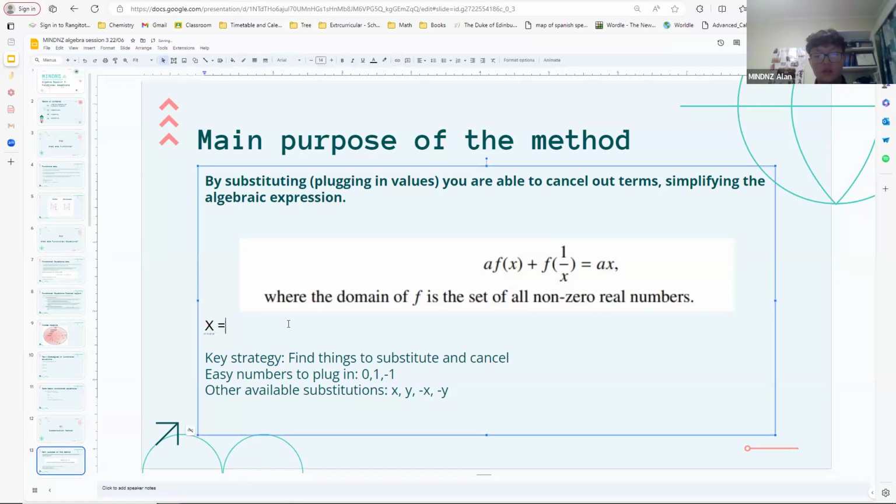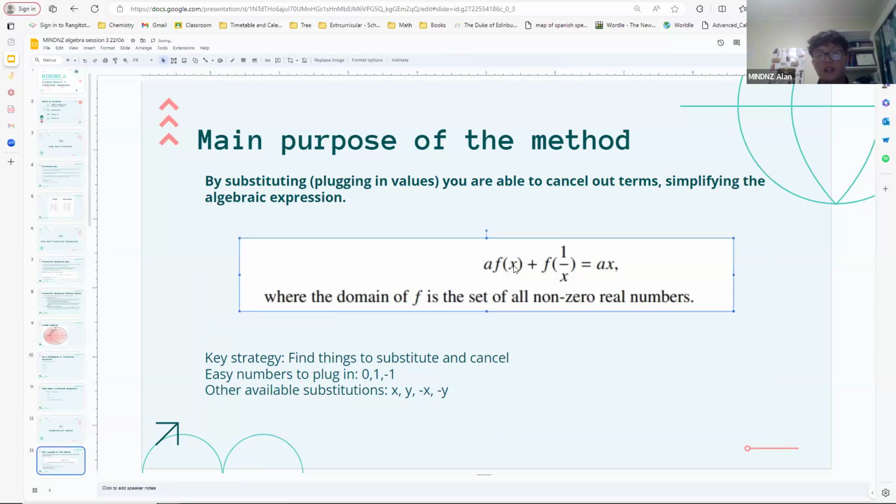If we have x equals 1, then we have a f of 1 plus f of 1 equals a, right? Is this helpful? It's not really helpful, right? So how would we cancel out the x or the 1 over x? Which part looks the most annoying to us right now?